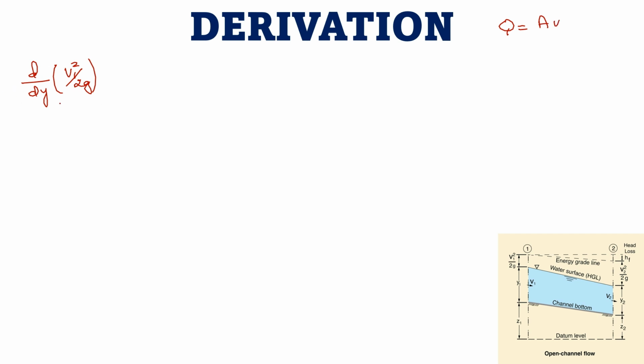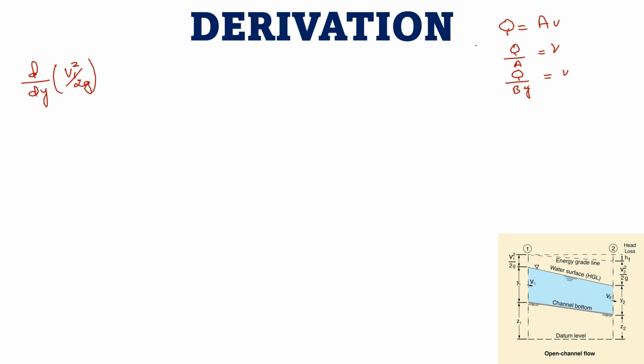We want to bring y into this equation to differentiate it with respect to y, because otherwise with no y, all constant terms will become 0. So we want to induce y in this one by using the equation of continuity. So if we want to know the value of V, it is Q by A, and what is A in a rectangular channel? That is B into y.